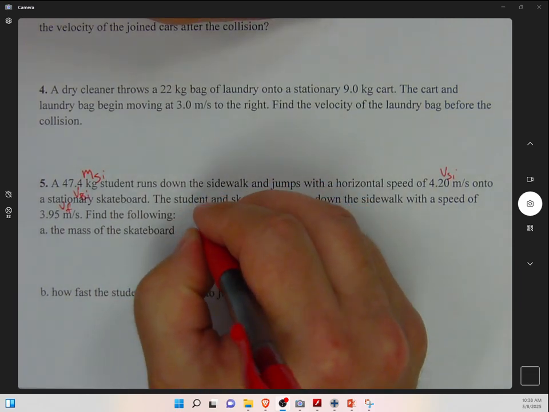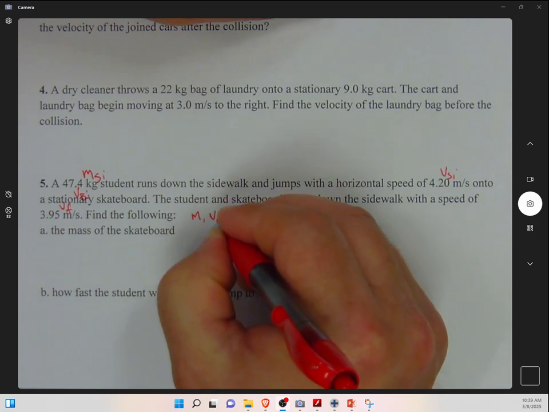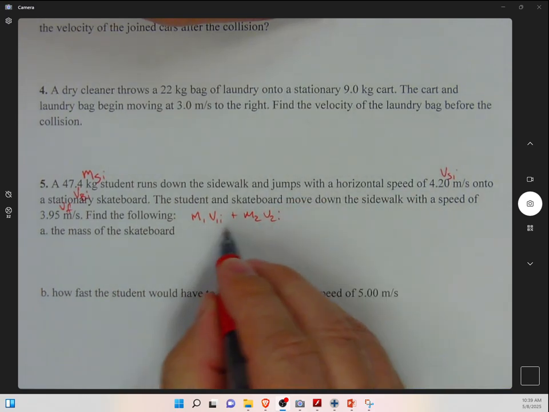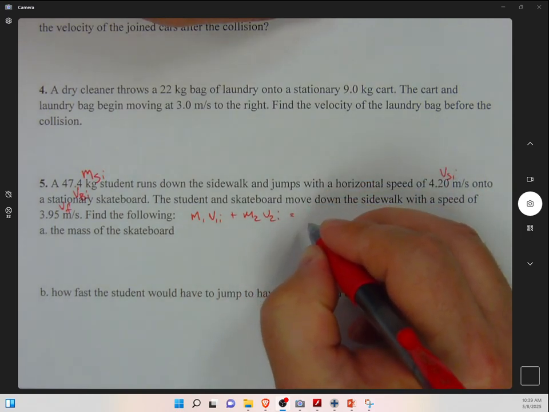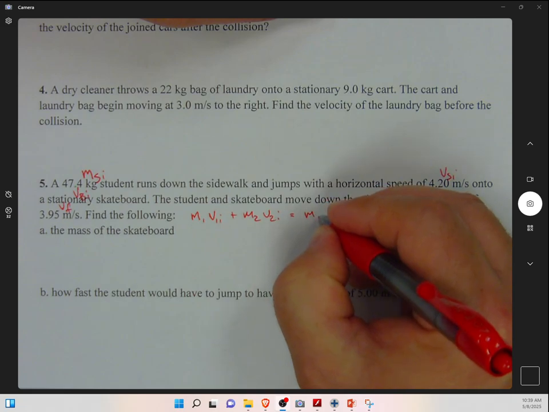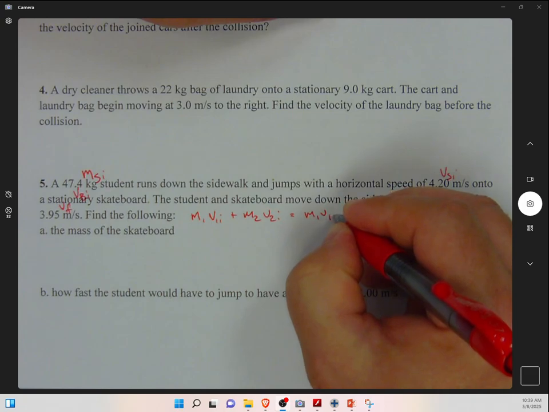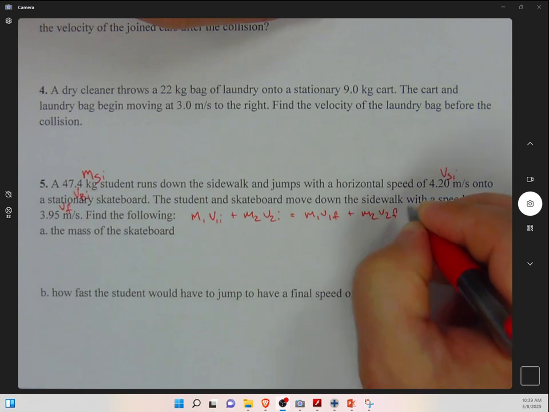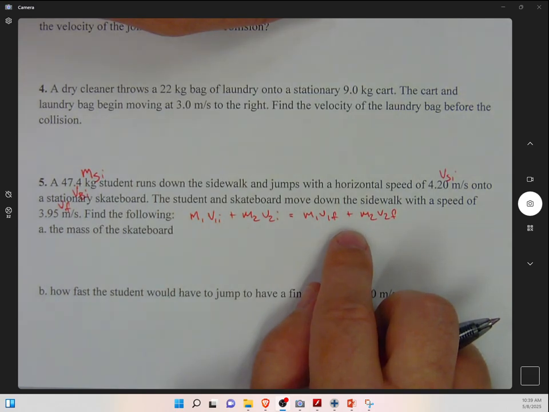Okay, so I know that the initial momentum has to be the same as the momentum after whatever action has happened, when we're talking about the conservation of momentum.